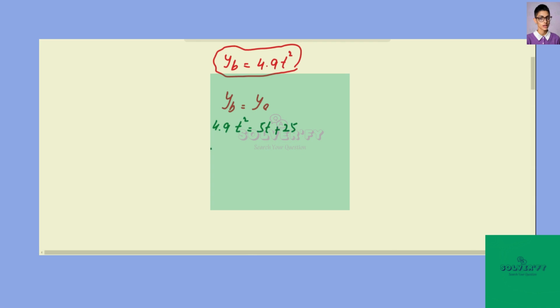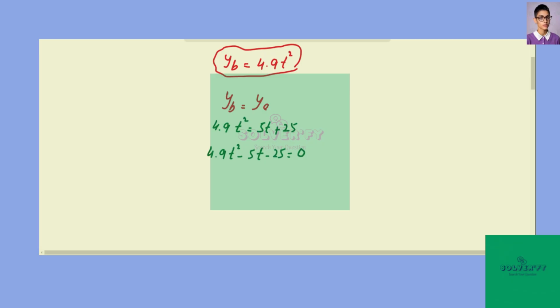We can write this as 4.9 t square minus 5t minus 25 is equal to 0. This is a quadratic equation in variable t.